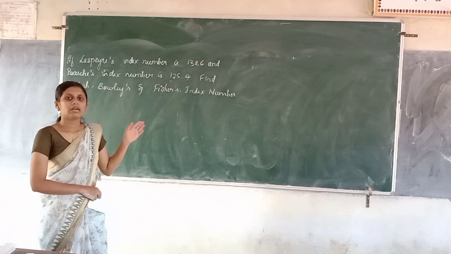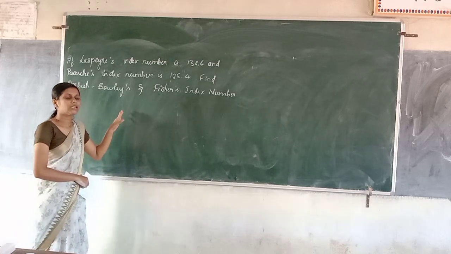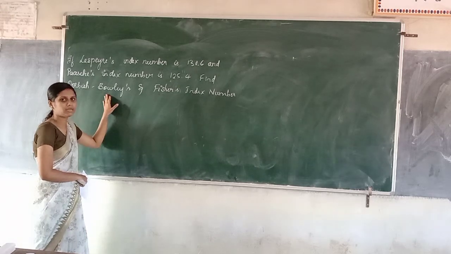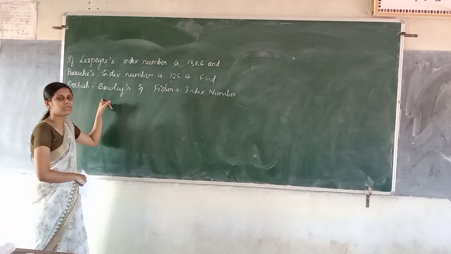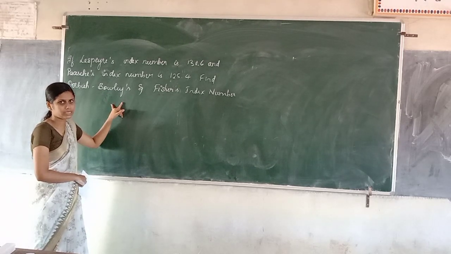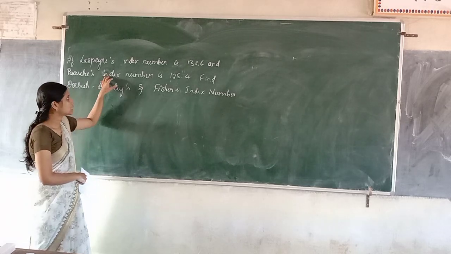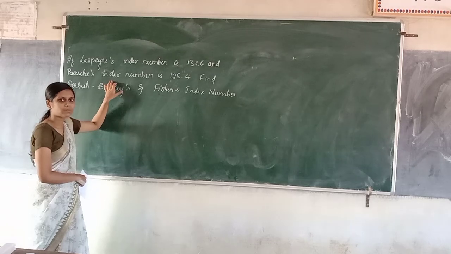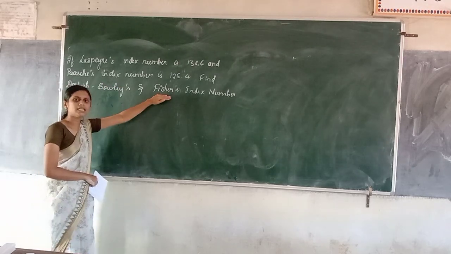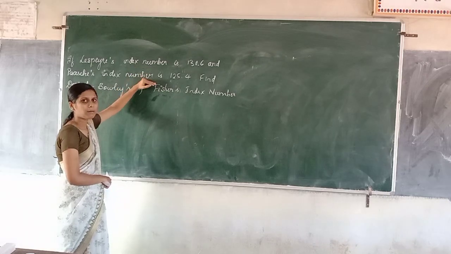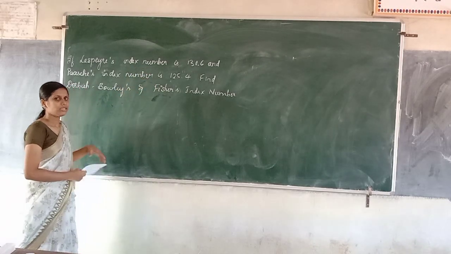In the beginning of this topic itself, I explained that Dorbish-Bowley index number is half of last year's price index number plus past year's price index number, that is the arithmetic mean of the two, whereas Fisher's index number is the geometric mean of last year's price index number and past year's price index number.